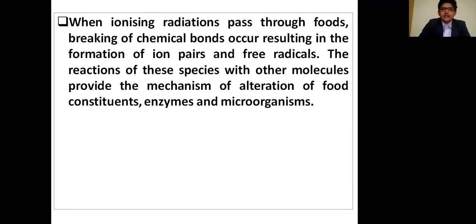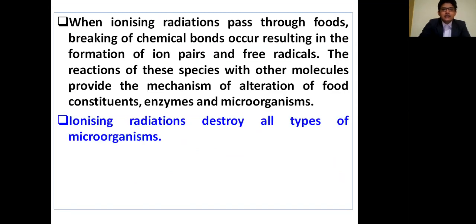When ionizing radiation passes through foods, breaking of chemical bonds occurs, resulting in the formation of ion pairs and free radicals. The reactions of these species with other molecules provide the mechanism of alteration of food constituents, enzymes, and microorganisms.